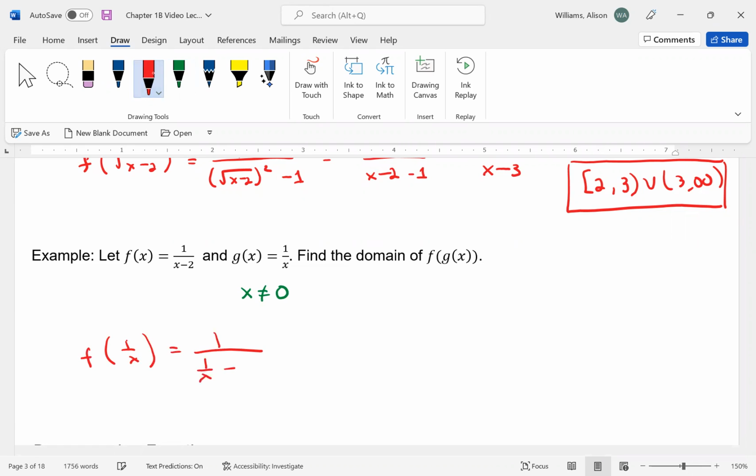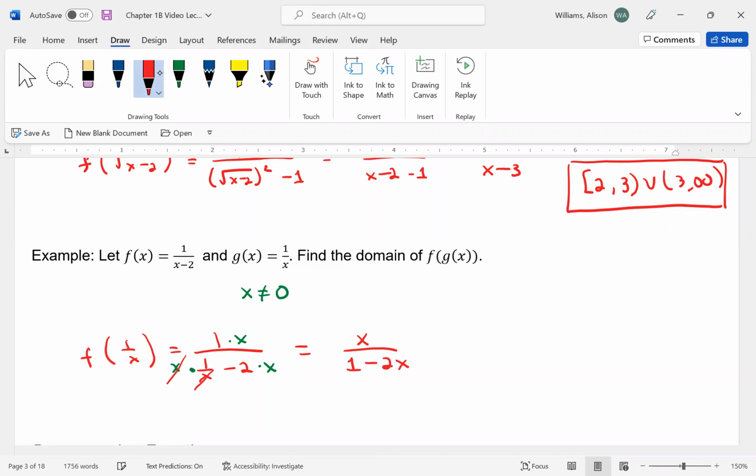Now we haven't really worked with any of these in the videos, so we need to clear the double fraction, the fact that this is a complex fraction. So I'm going to multiply everything by x, numerator and denominator. What that does is that leaves me with an x in the numerator, and it cancels this x in the denominator, so I'm left with a 1 minus 2x.